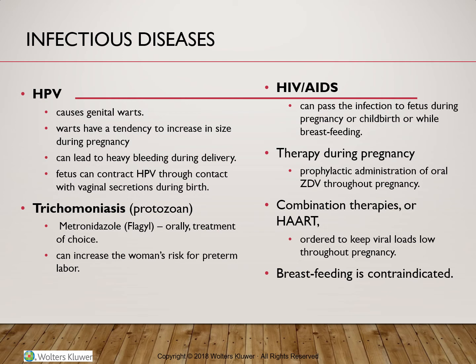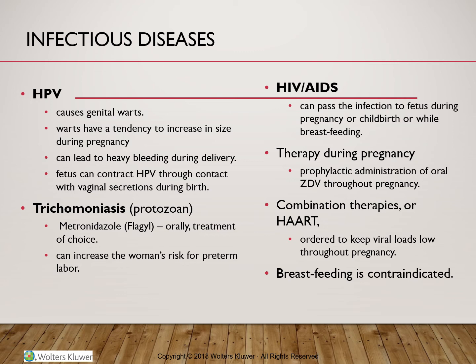The treatment will have 2 main goals: to prevent progression of disease in the mother and to prevent perinatal transmission of the virus to the fetus. The best way to prevent it is to prevent HIV infection in the woman, or to identify it as soon as possible before or during the pregnancy.